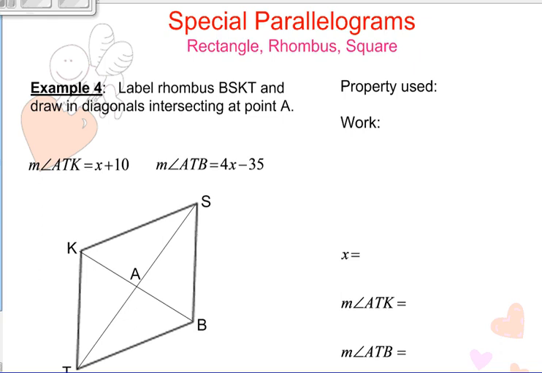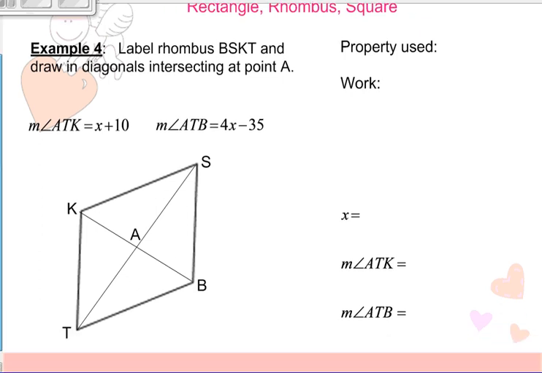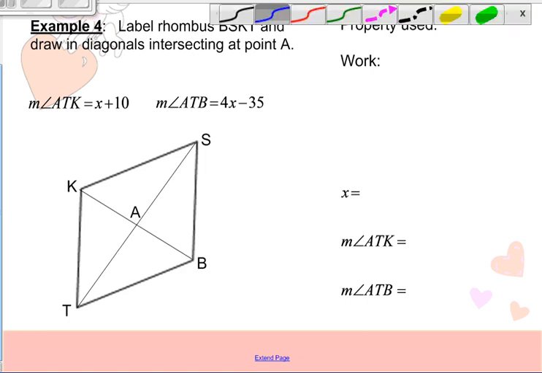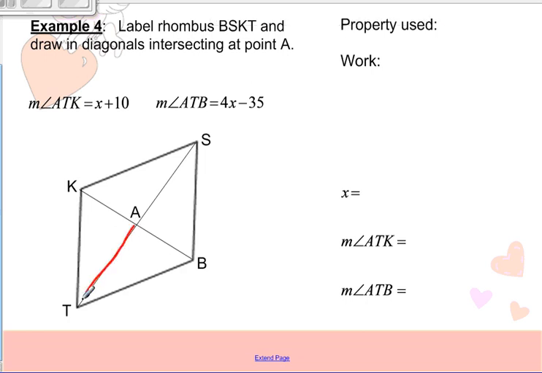For our last example here, we are looking at a rhombus again, and we have the diagonals drawn in. So I know that ATK is x plus 10, and I know that APB is 4x minus 35.